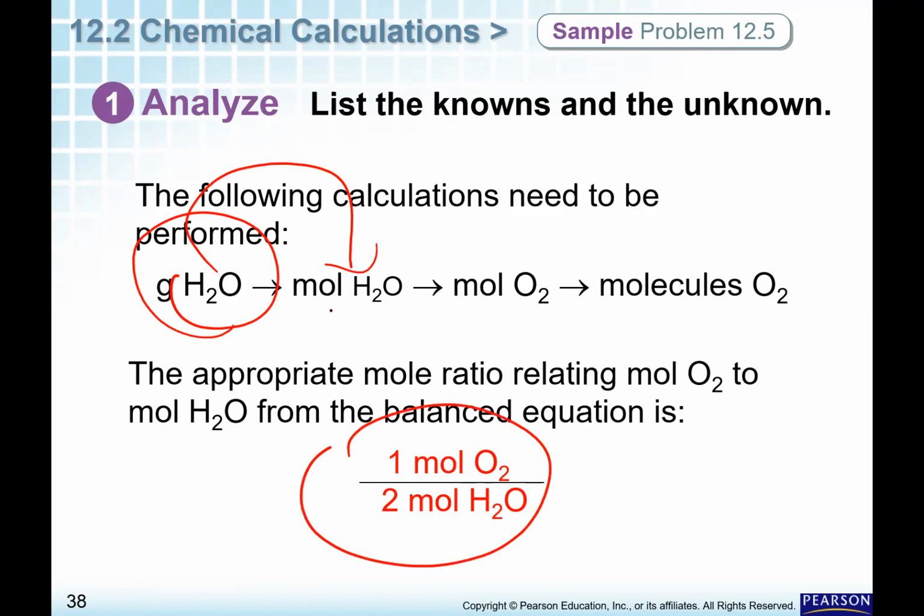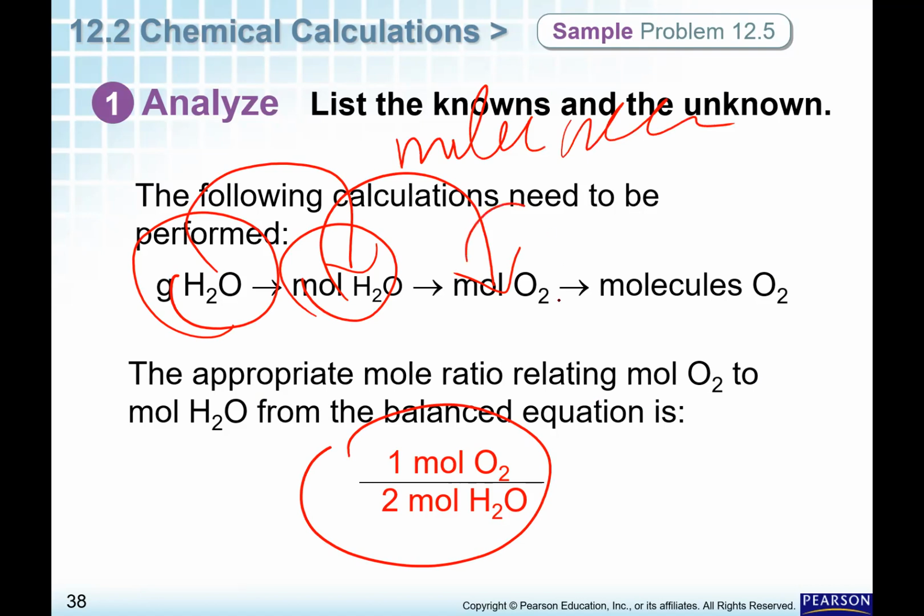We take the moles of water into moles of oxygen using the mole ratio from the chemical equation. Then we take the moles of oxygen into molecules of oxygen using Avogadro's number, or 1 mole over Avogadro's number of molecules divided by moles of oxygen.